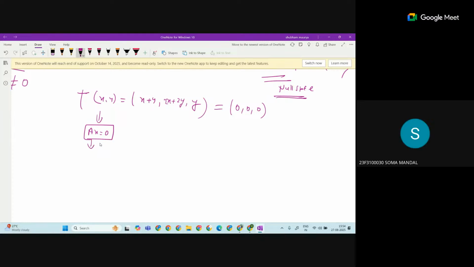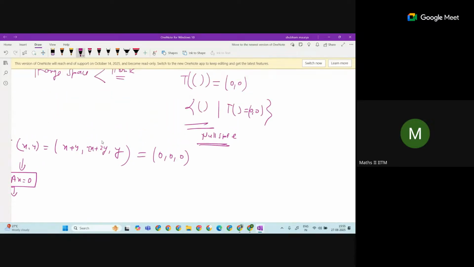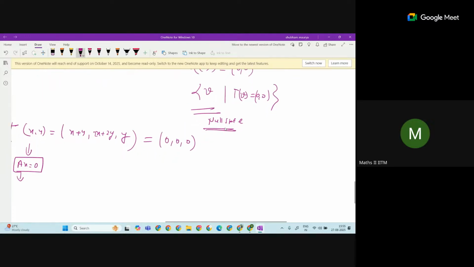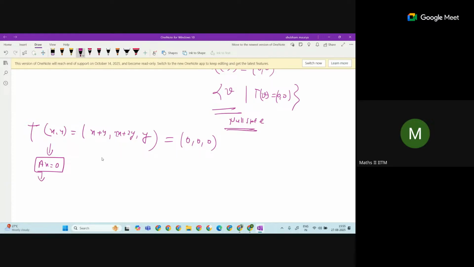Or simply, instead of going through this, use the definition of null space: it says to collect those vectors which have image 0. Let's assume the vector is v equal to (v1, v2).